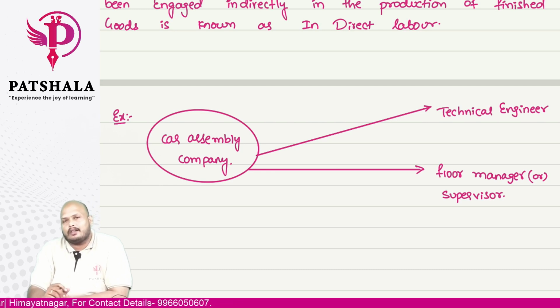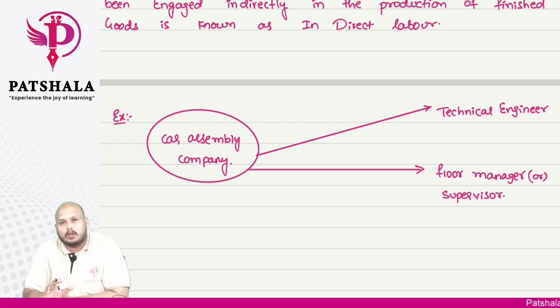So we know that to assemble a car, the minimum requirement is 2000 plus spare parts. 2000 plus spare parts are required to assemble one car.